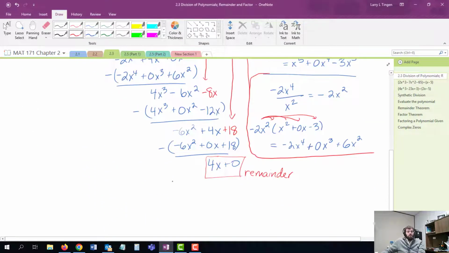So what I said was that when I get done with these, the dividend is equal to the quotient times the divisor plus the remainder.